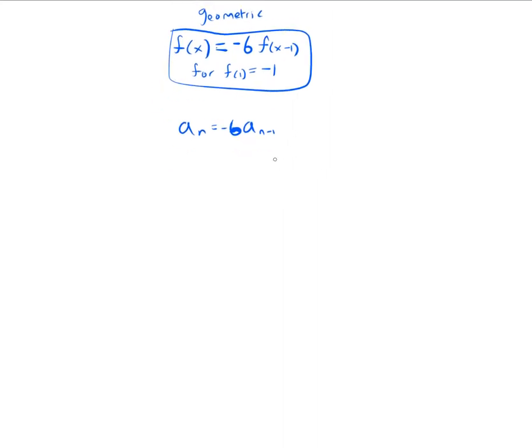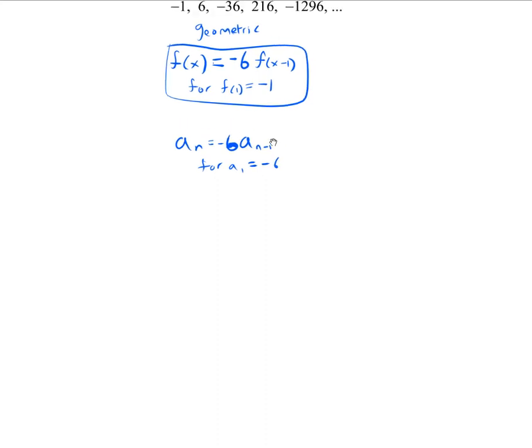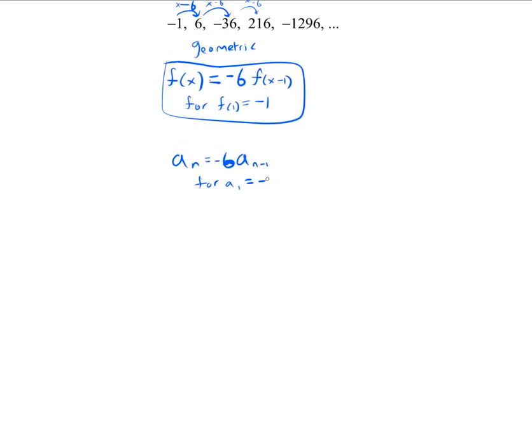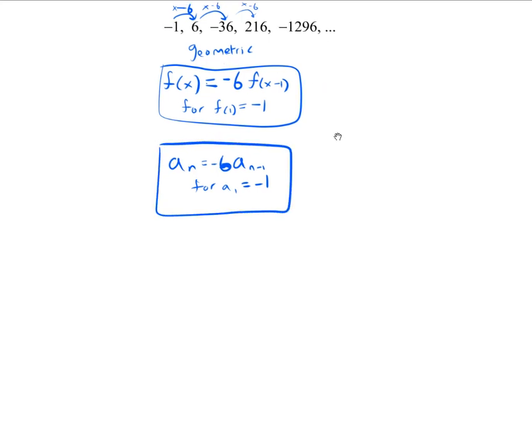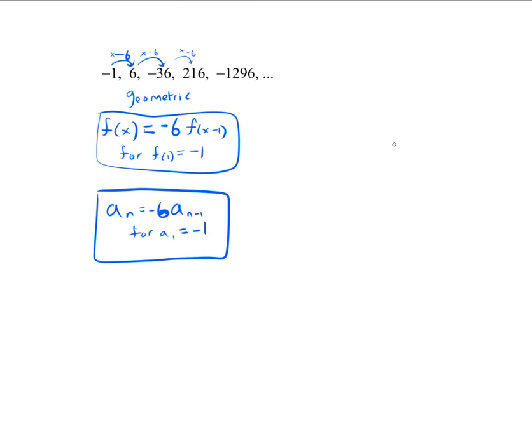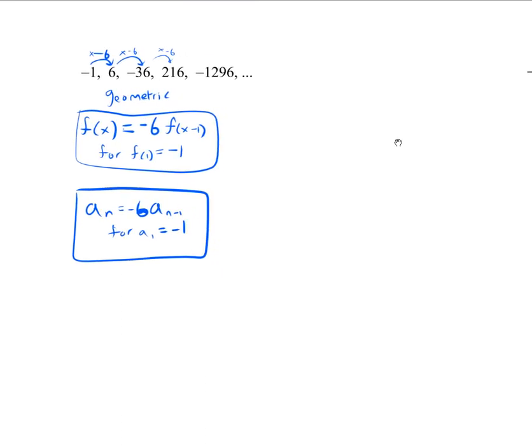And this, once again, is for the scenario where a sub 1 is equal to -1. Thank you. So, all right, there we go. That's our two recursive functions for this. All right, let's go ahead and move on to the next one.